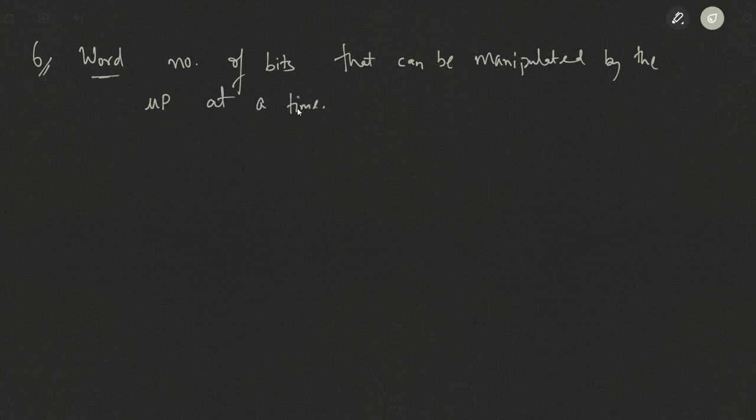It's known as the word or the word length of a microprocessor. It's a group of bits that the microprocessor will be able to handle and process at the same time.